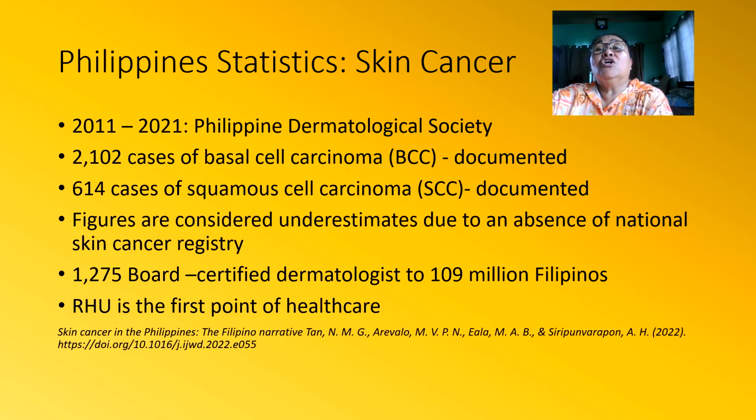According to data from the Philippine Dermatological Society from 2011 to 2021, 2,102 cases of basal cell carcinoma were documented, and 714 cases of squamous cell carcinoma were documented. These figures are considered underestimates as many cases are not captured in the centralized national database.